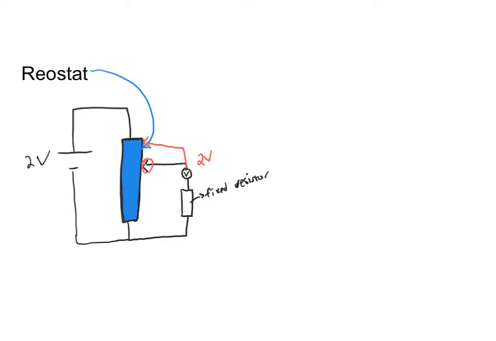So say that I attach this connection here, all that voltage is lost before we even reach my fixed resistor. And so the voltage drop across my fixed resistor will be 0 volts. Similarly, I could attach this somewhere perhaps to the middle, and the voltage drop that I would get would be approximately 1 volt.